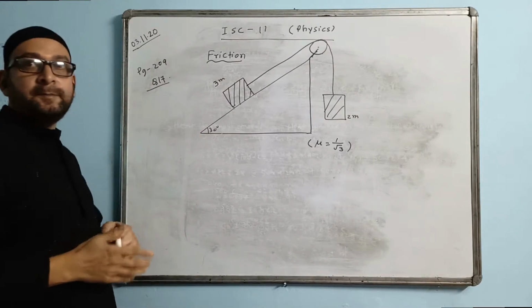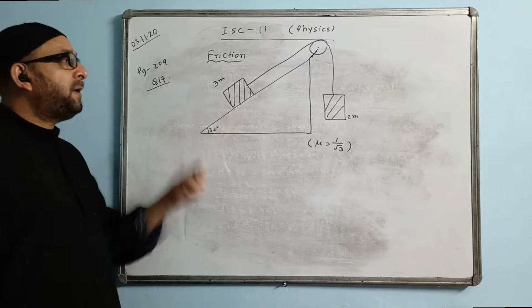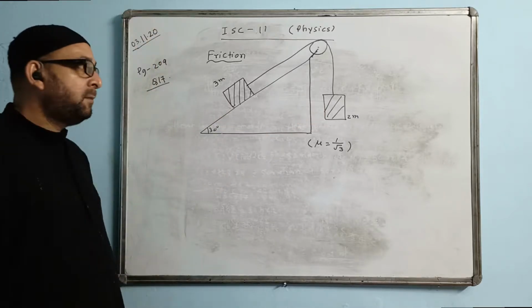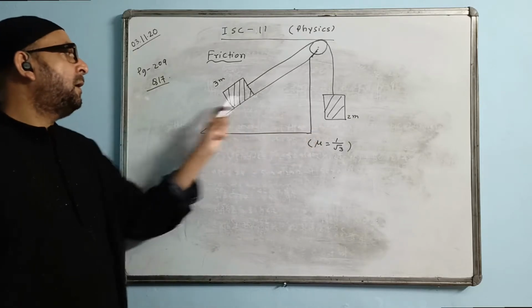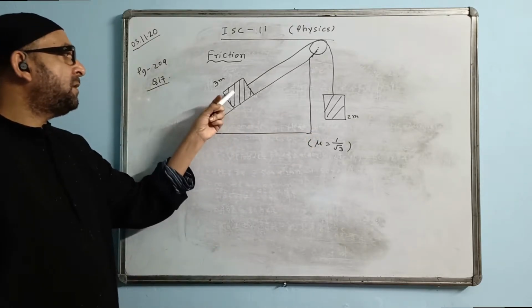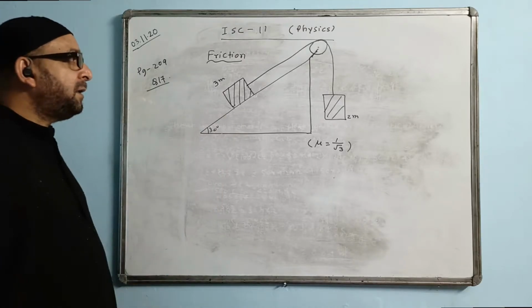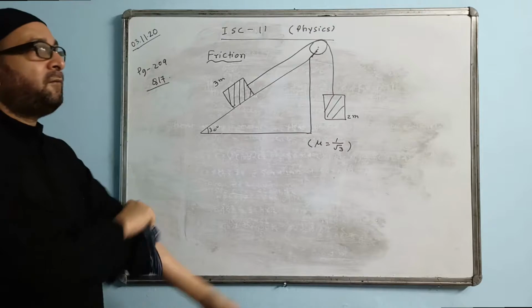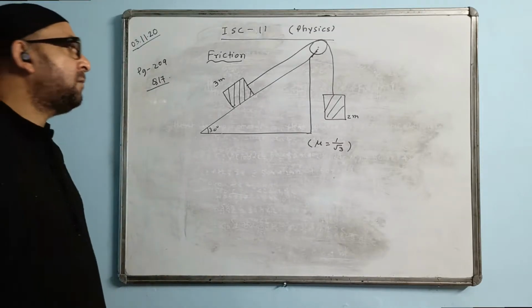This body is in contact with the plane and this body is a hanging one. It is not in contact with anything, so we will not consider friction here. Friction will be considered here between this block and the surface. The angle is 30 degrees. They are asking to find the acceleration and in which direction motion will take place.